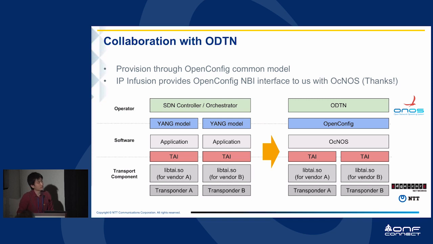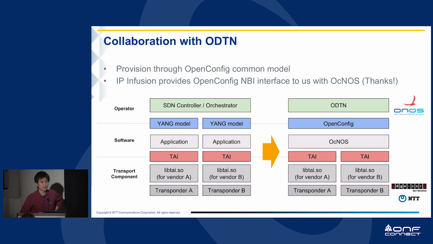So it is desired that the application on top of the Cassini box expose its configuration and state to the northbound SDN controller using the OpenConfig API.